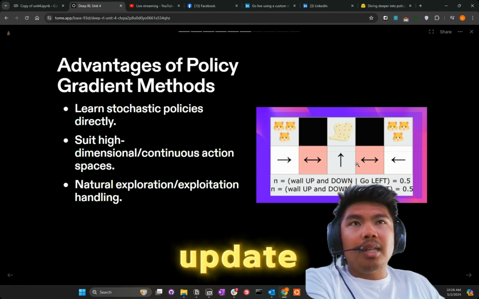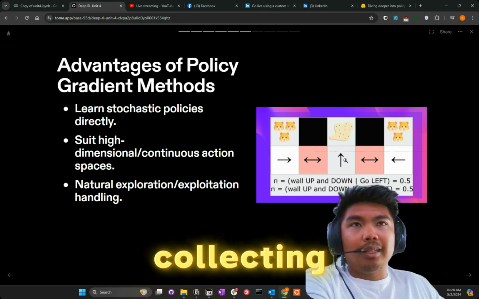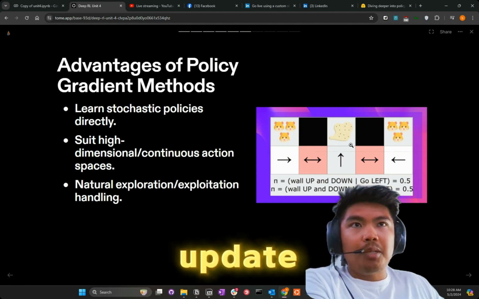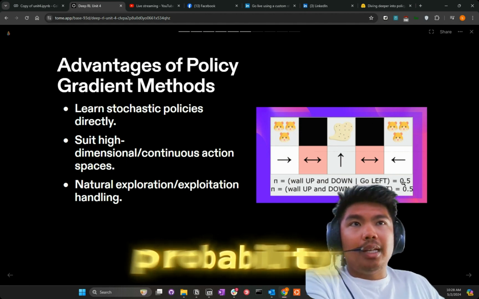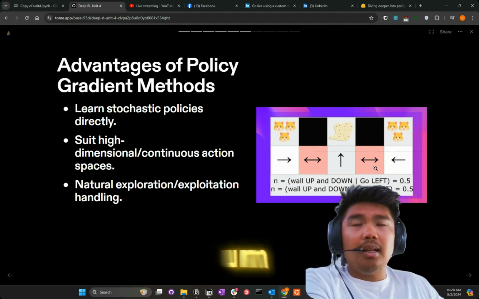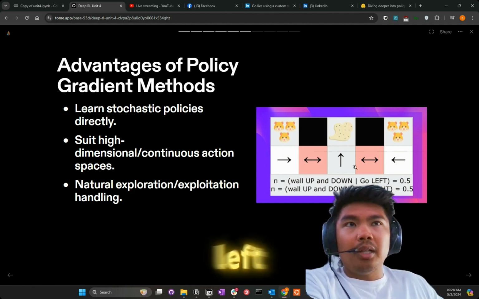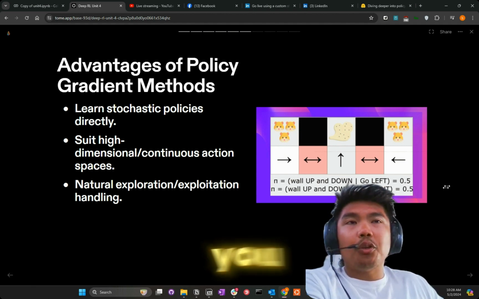So we would update after this training run. We would see that we got a better return by collecting the dust by going left. So we would update our probability distribution for those state-action pairs to something like maybe 70% go left, 30% right, and you kind of iterate that way.